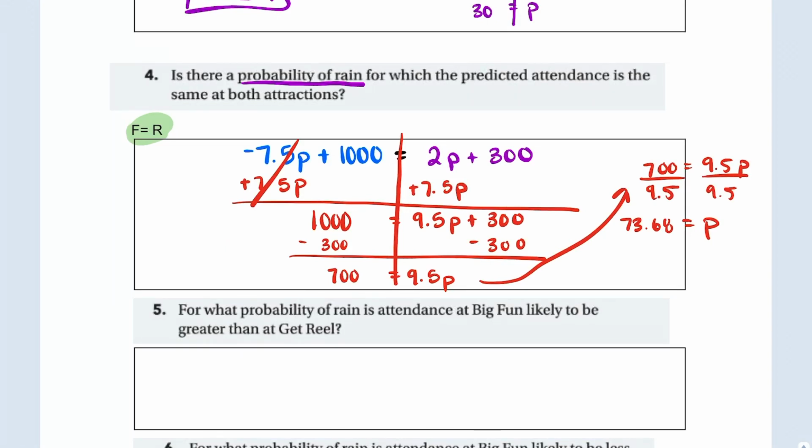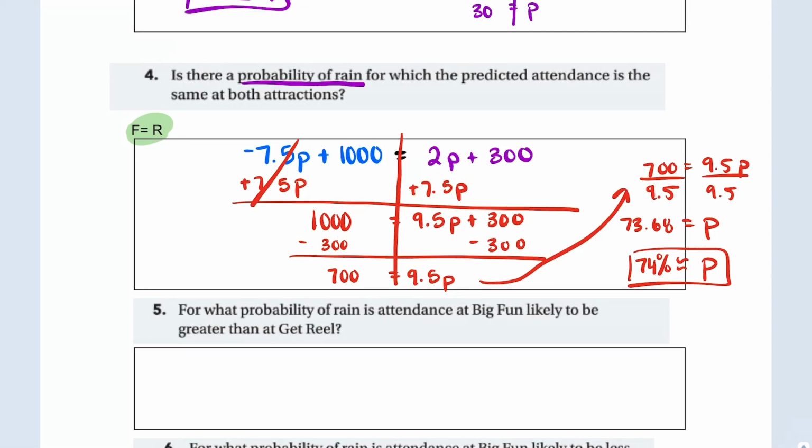So instead we're going to say that p is approximately 74%. So when the probability of rain is 74%, we can expect that at both attractions, Get Real and Big Fun, the attendance will be the same.